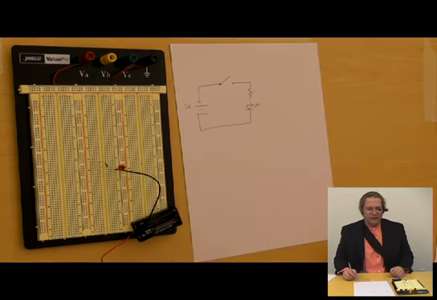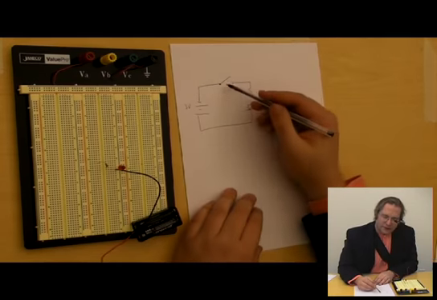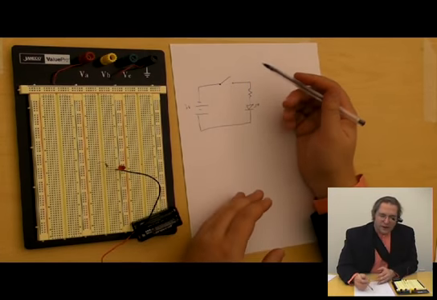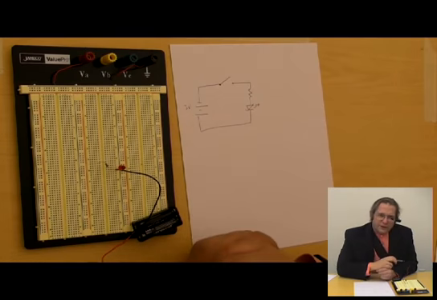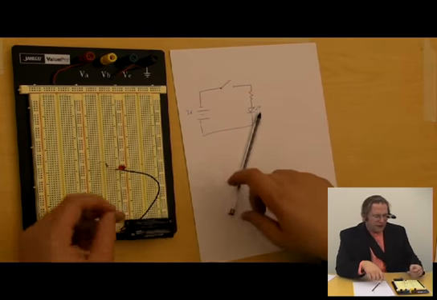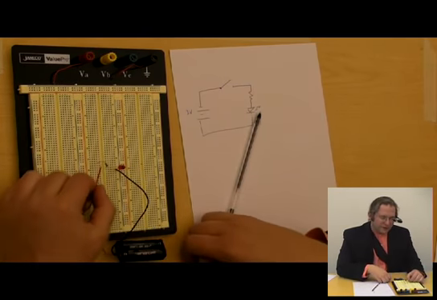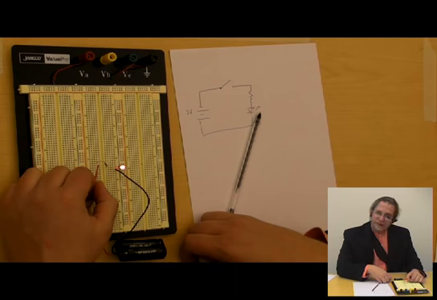And that's it. All I've done now is add a switch to it, and it can be any sort of switch. A simple wall switch is a good example. We'll talk more about switches later. For now, my switch is just simply me touching the battery lead to the lead of the resistor.